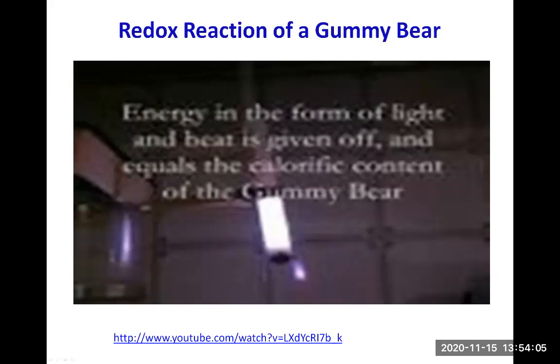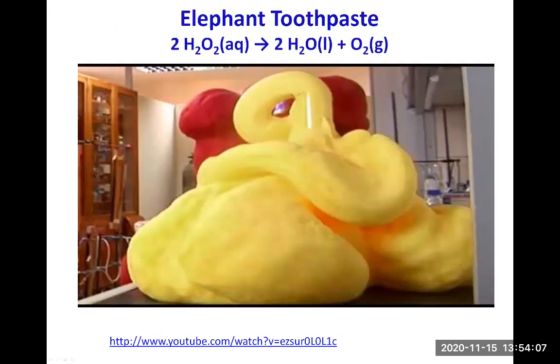So let's look at another one. It's called elephant toothpaste, and the reaction is summarized here.